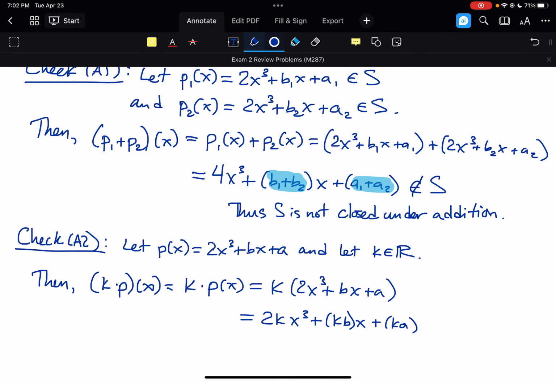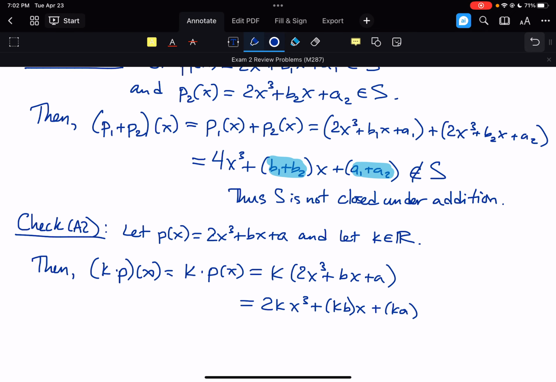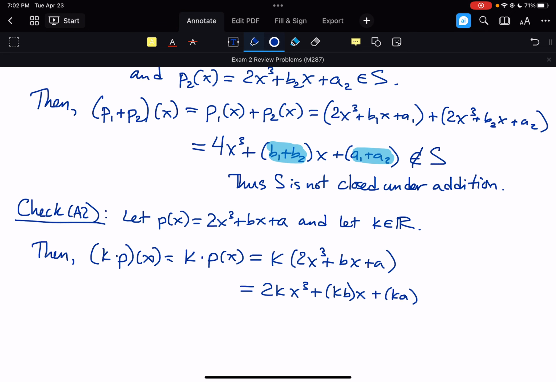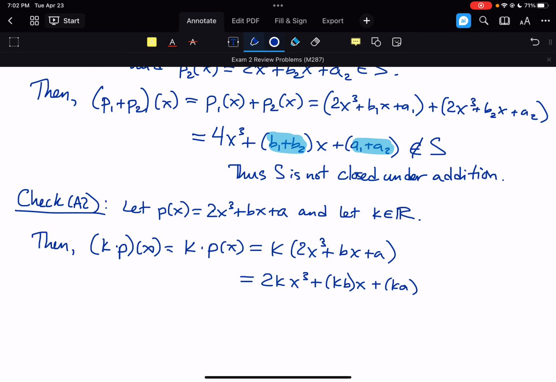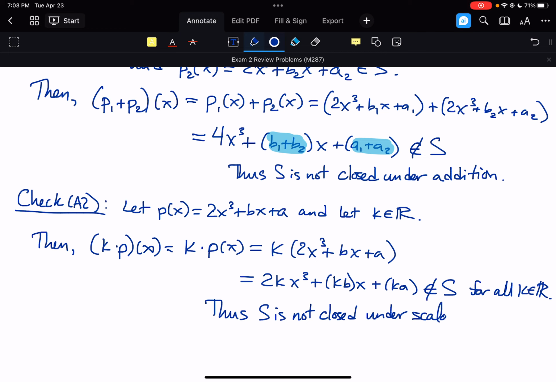However, this coefficient right here, the 2k, has to be 2 for all real numbers k, but it's not. It's only true if k is 1, but that's only one out of infinitely many different numbers. So this is not in S for all k in R. Thus, S is not closed under scalar multiplication.